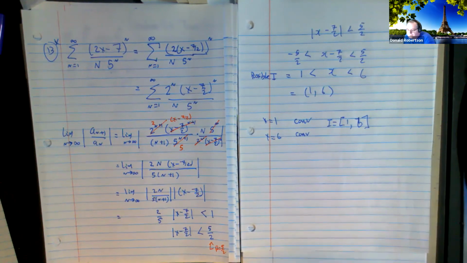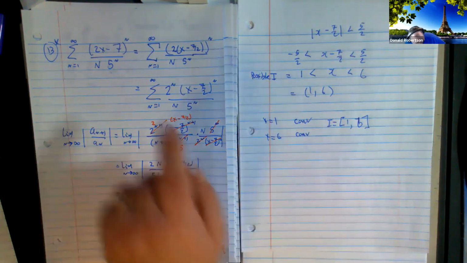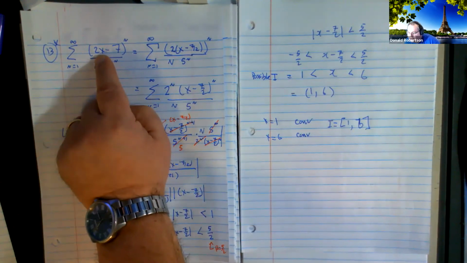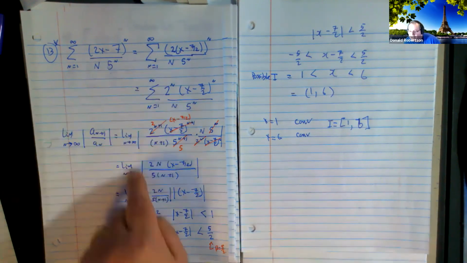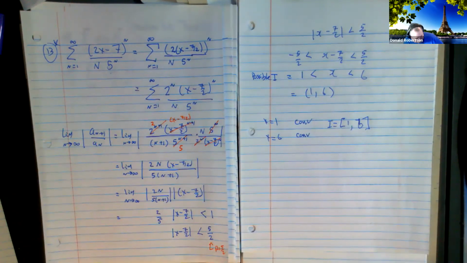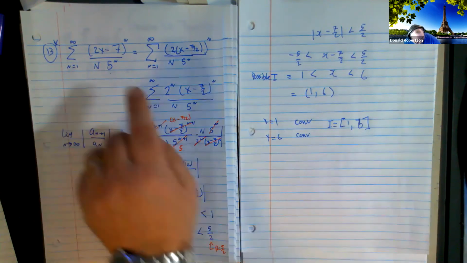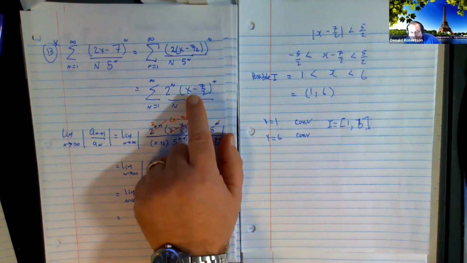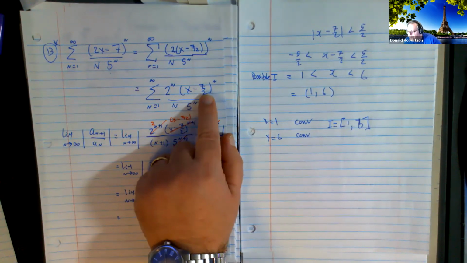Are we good? So this technique is going to be used whenever that is not x. So if it's 3x, 2x, 5x, you're going to do this technique, which essentially just changes it so that it now becomes a power series centered at some number.